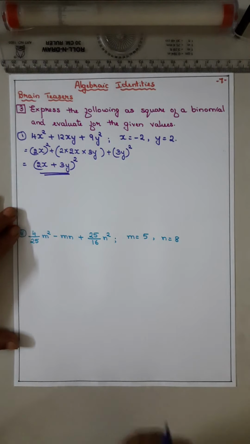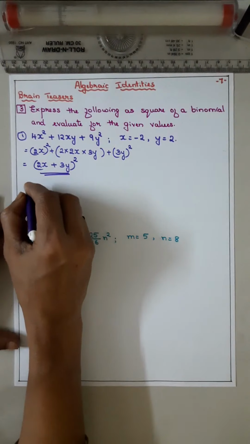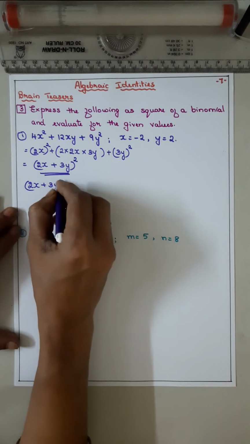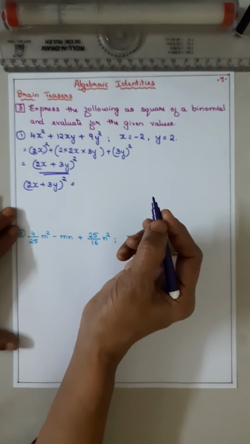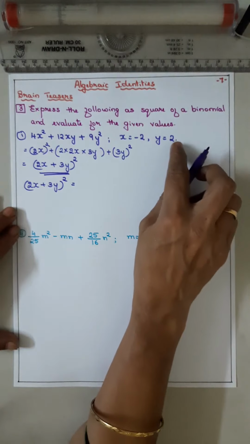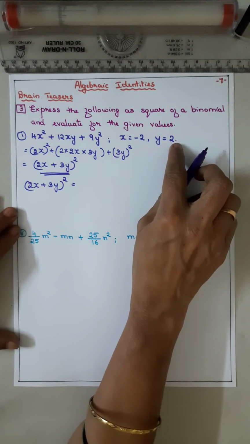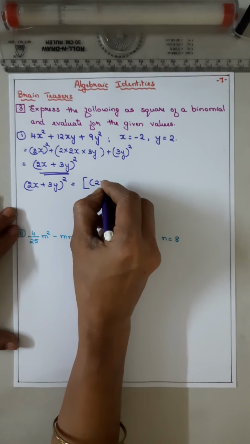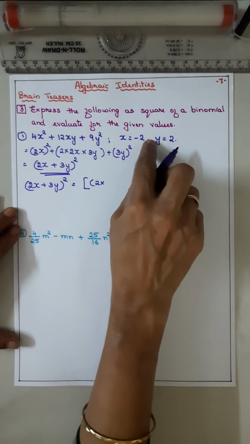Now evaluate. So for that write 2x plus 3y the whole square is equal to, now put the value. What is it? x is equal to minus 2, y is equal to 2. So square bracket open, 2 into, what is the value of x?